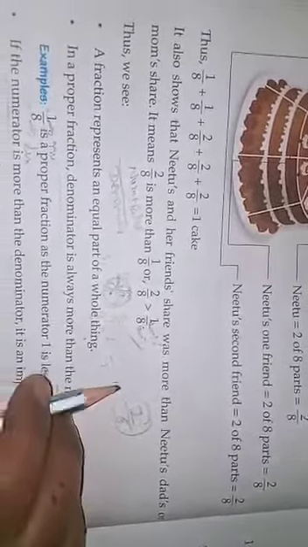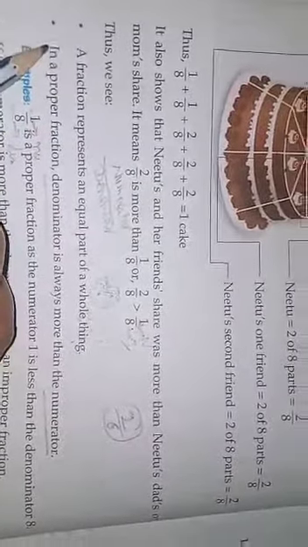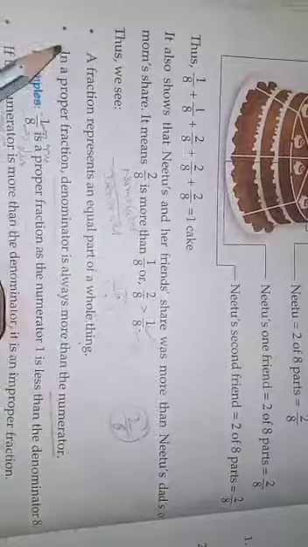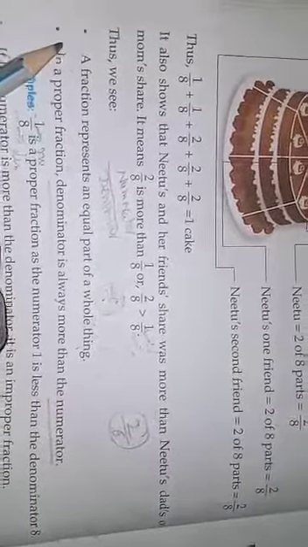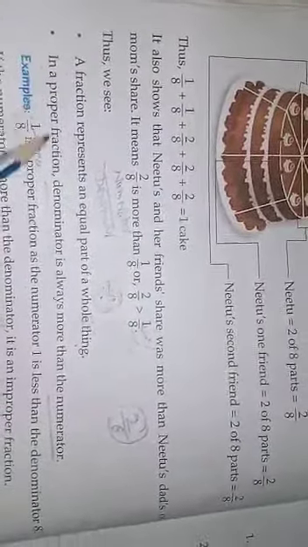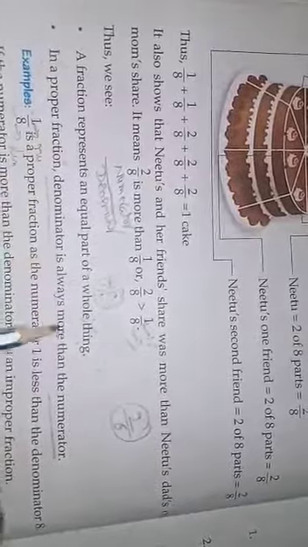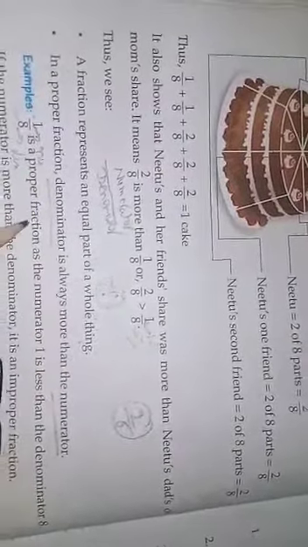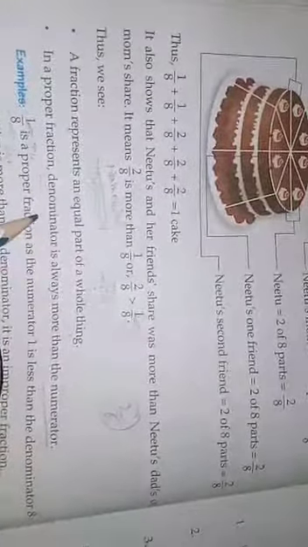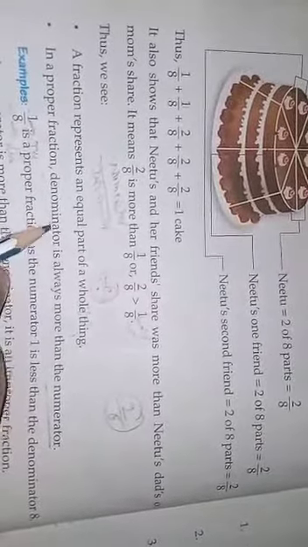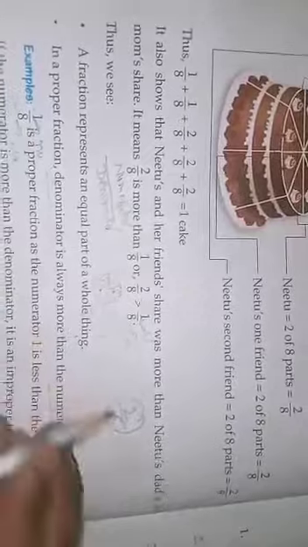So let's understand types of fractions. First, the proper fraction. In a proper fraction, the denominator is always more than the numerator. Denominator means the down digit. The down digit is always more than the numerator.